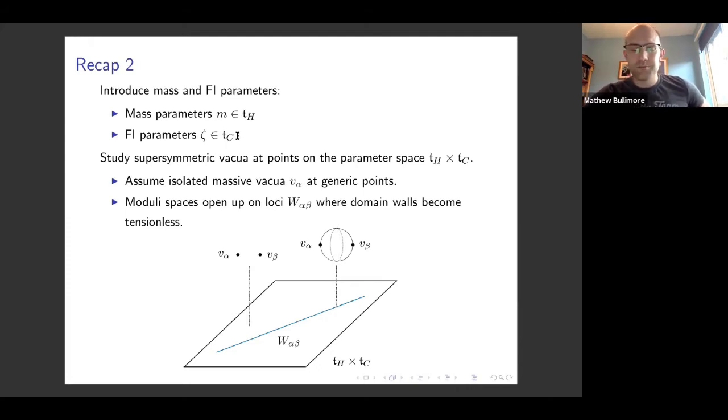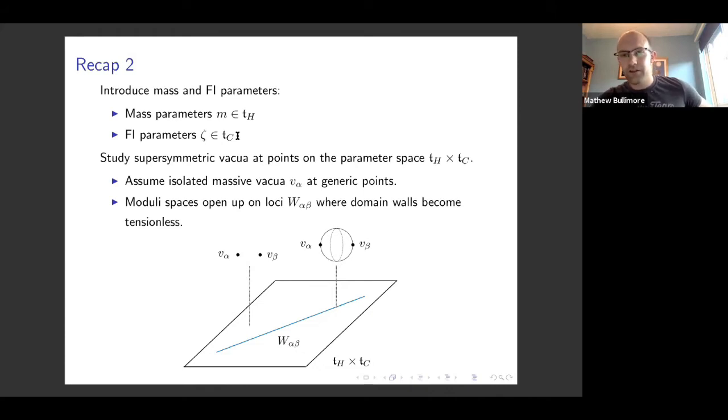So the numbers of these parameters depend pretty much on the data, what the gauge group and the representation is. And a general theme that I'd like to emphasize is that many interesting constructions in these theories fiber in an interesting way over the parameter space of mass and FI parameters.